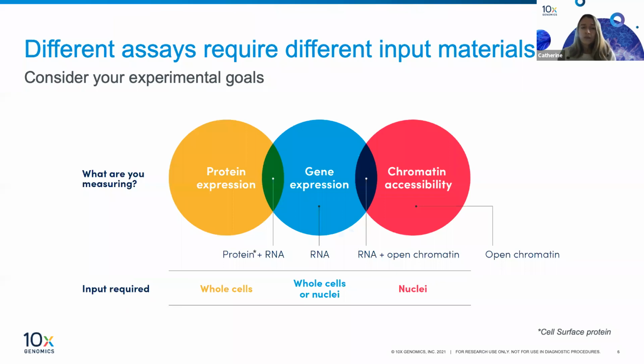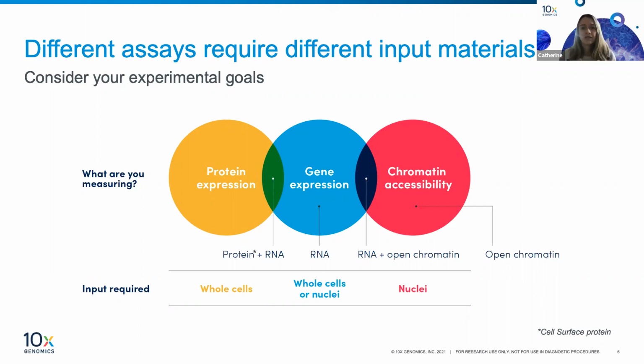Just thinking about sample preparation as an introduction: depending on what you're measuring, you're going to have different inputs into these various assays. If you're looking to assay cell surface proteins and RNA, then you have to use whole cells as an input, because we need that cell membrane, for example.